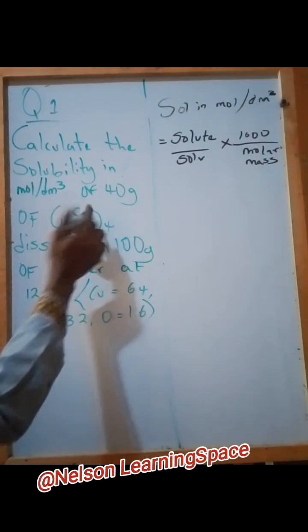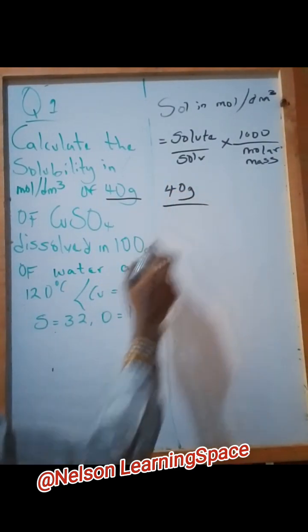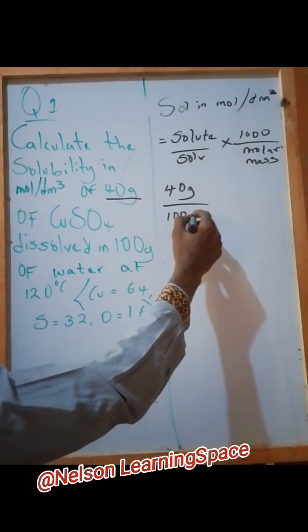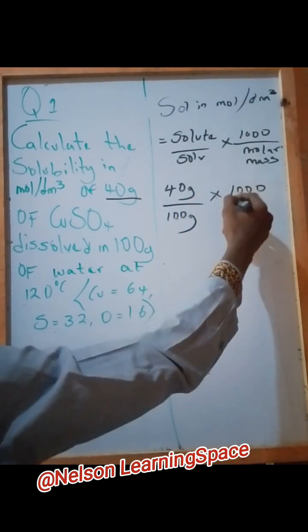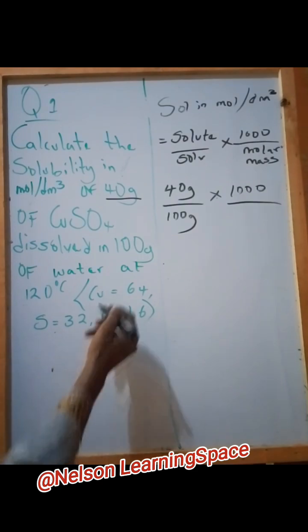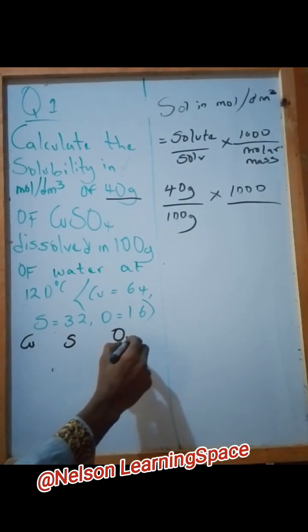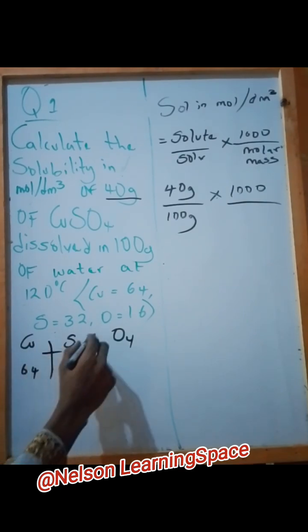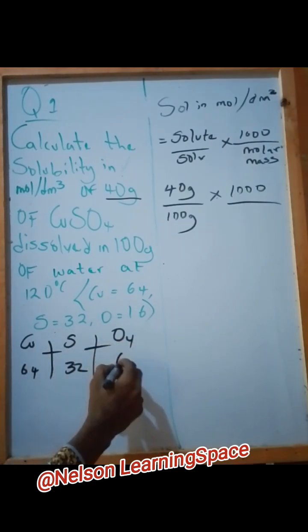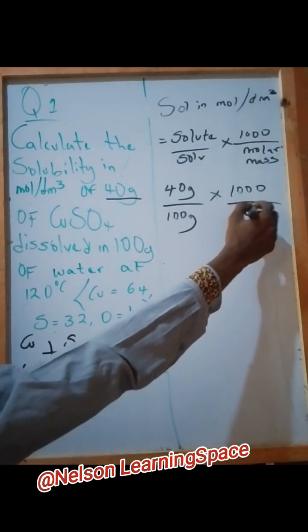Now what's our solute? Our solute here is 40 gram of CuSO4. What's our solvent? 100 gram of water. Then multiply by 1000. Then what is our molar mass? Let's solve it. CuSO4: Cu is 64, S is 32, then O is 4 times 16, that's 64. Everything is equal to what? 160. So over 160.